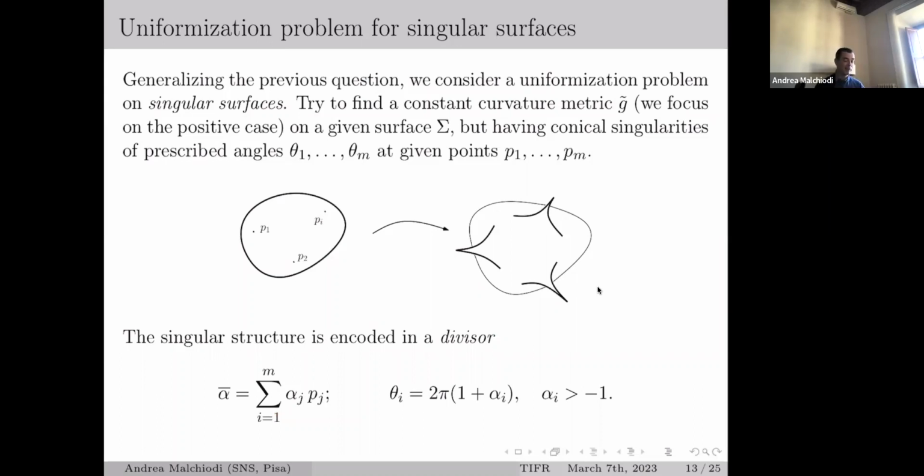For example, if the conical angle is 2 pi, so when the metric is flat, then this discrepancy alpha will be 0. And we want this angle to be positive, so we require alpha to be bigger than -1. Of course, the standard cones have alpha less than 0, so an angle less than 2 pi. But you can, of course, consider angles that are also bigger than 4 pi.